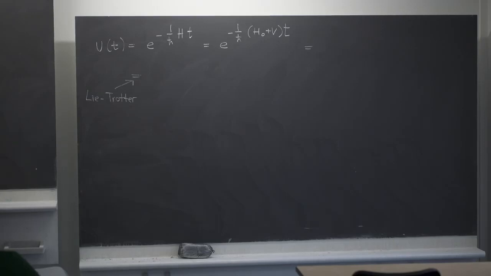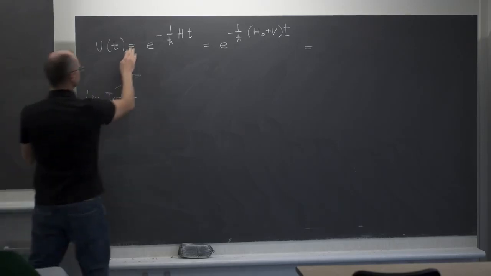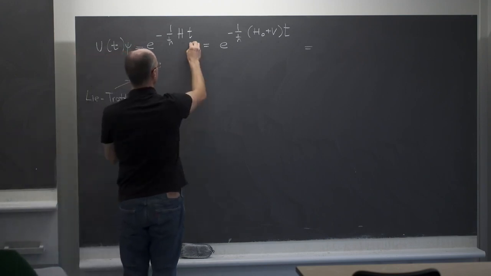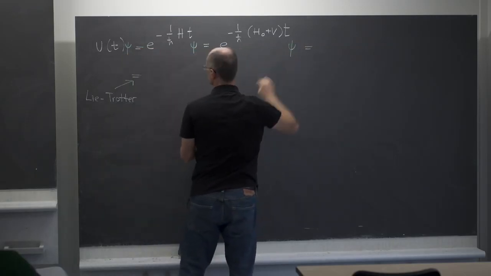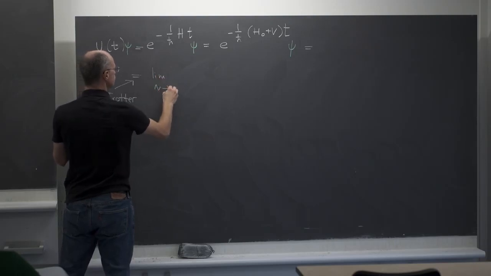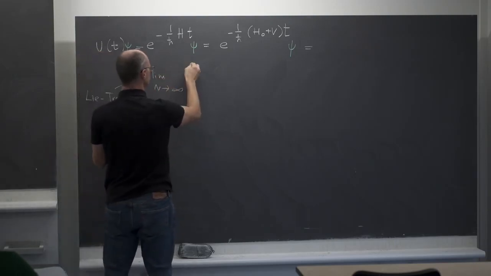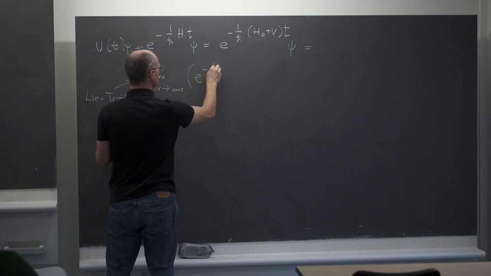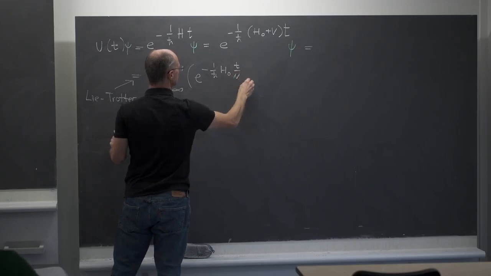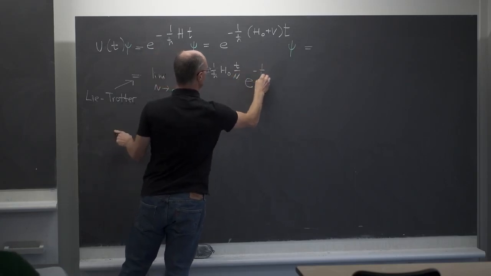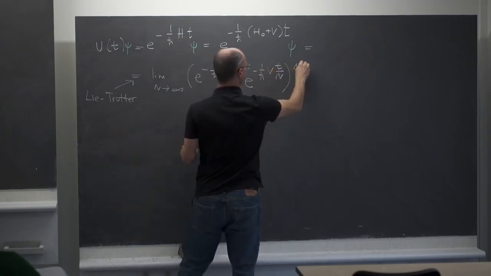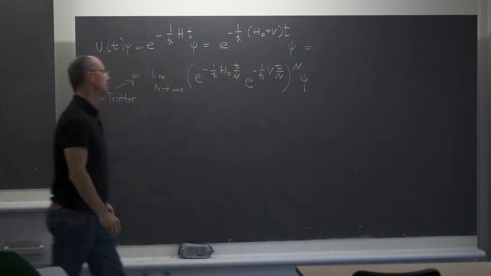For the Lie-Trotter formula, we should probably add a vector, right? And here this will be the limit n to infinity, of exponential minus 1 over h bar H naught t over n, exponential minus 1 over h bar V t over n, to the power n times psi.